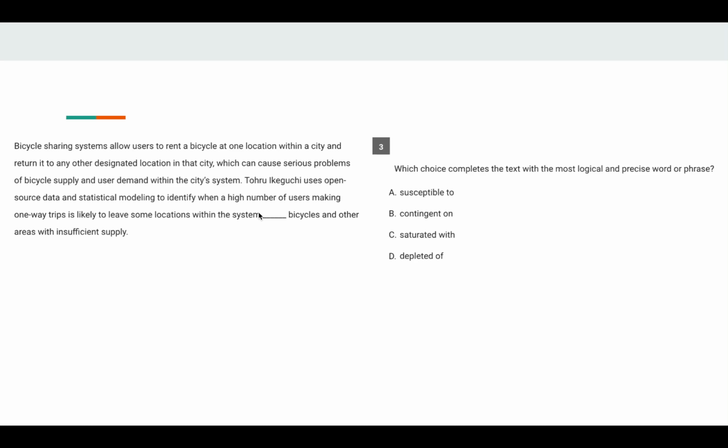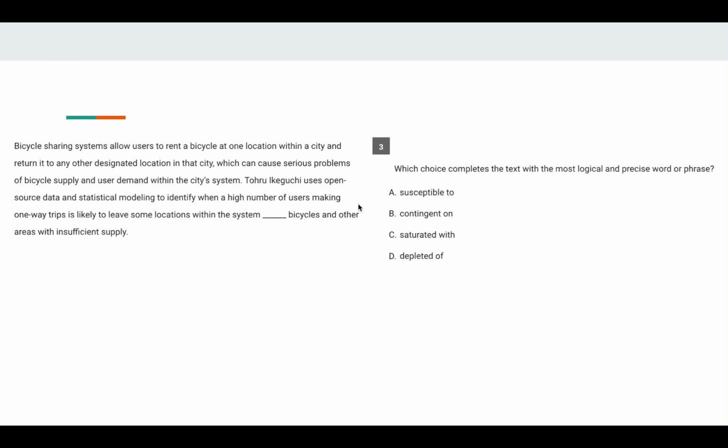So logically, here we should have something which is over sufficient, more than sufficient. Excess, a word like excess would match here. Within the system, some locations within the system with an excess of bicycles and other areas with insufficient supply. So we should basically choose an answer choice which is opposite in meaning to insufficient.